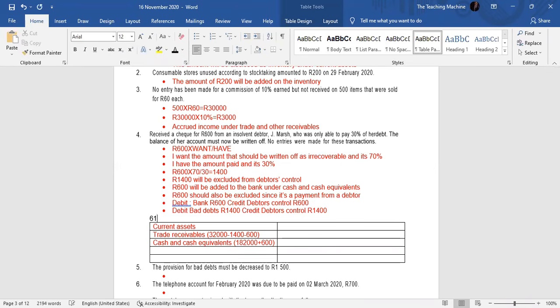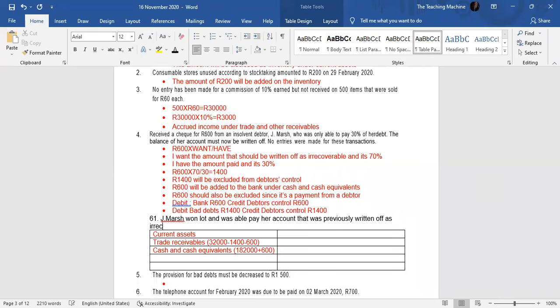Adjustment number 6.1 says J Marsh won lotto and was able to pay her account that was previously written off as irrecoverable.